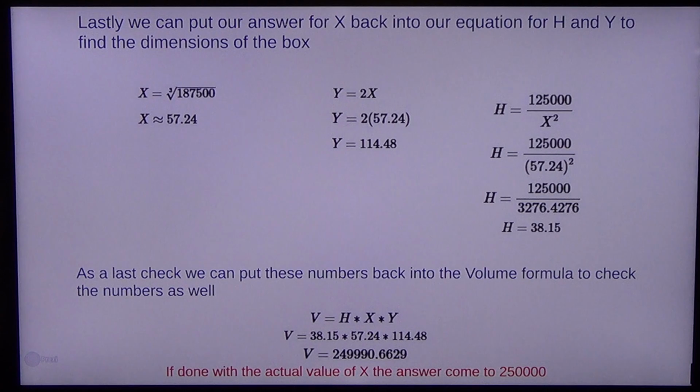Now, putting those back into the volume equation, we do get a slight variance of 249,990.6629 centimeters cubed, which is only off by a small margin. When you actually put in the values for the cube root of 187,500 into the equation instead of the approximations, you do come out to the original volume assumed of 250,000 cubic centimeters.